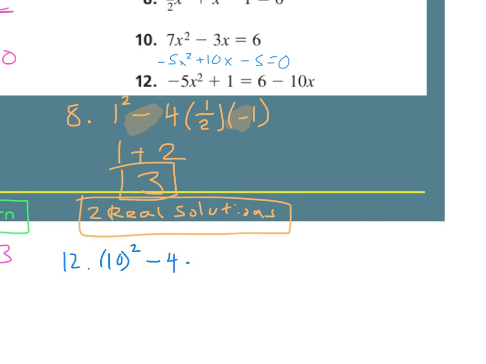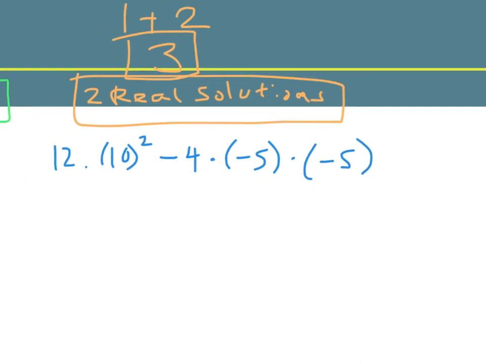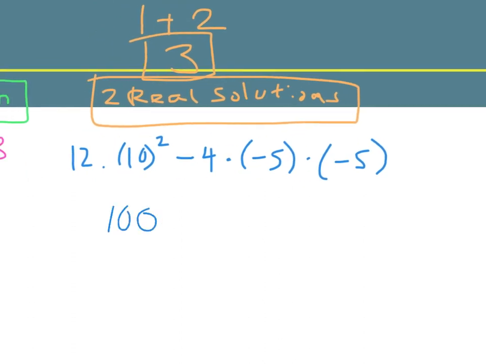What's our a? Negative 5. And what's our c? Negative 5. So 10 squared is 100. What is negative 4 times negative 5 times negative 5? Negative 100.